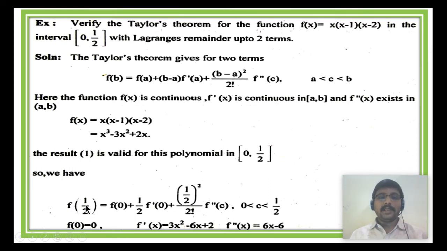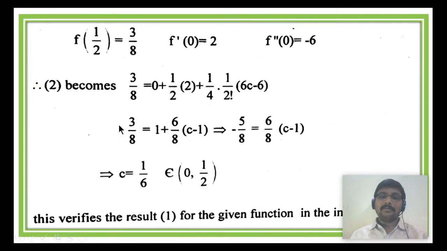Now substituting the values, a as 0, b as 1 by 2. Now f dash of x is obtained by taking the derivative of f of x, and f double dash of c is obtained by taking the derivative of f dash of x. That means f of x is differentiated twice.